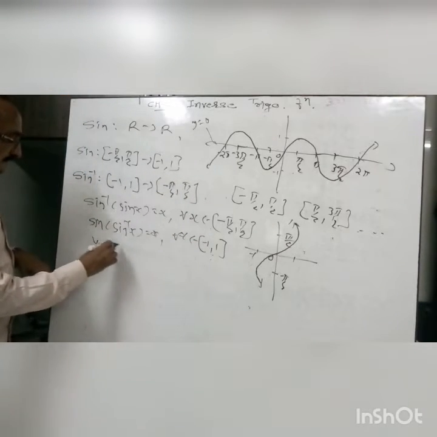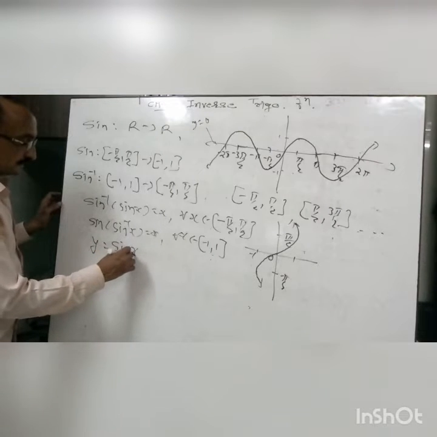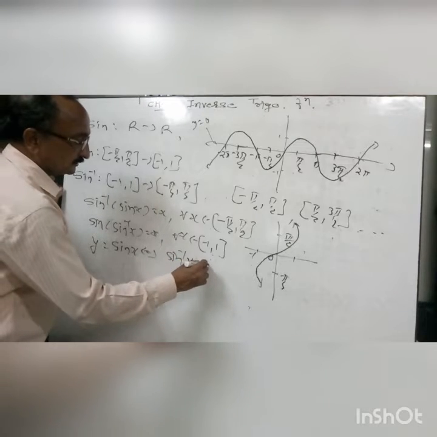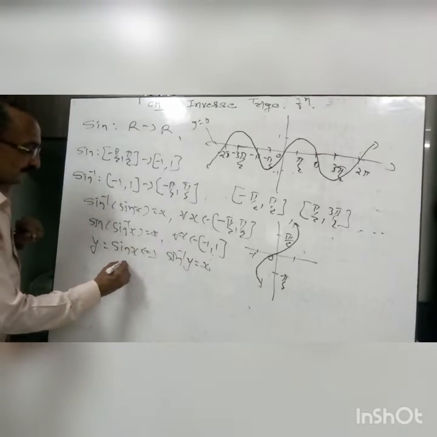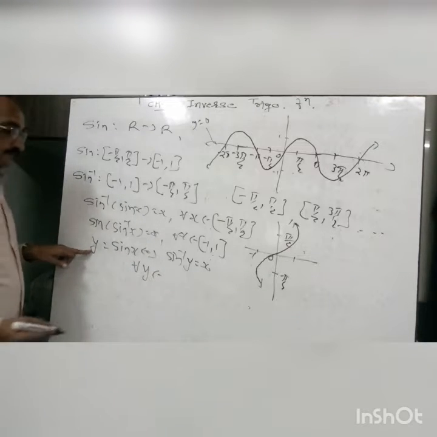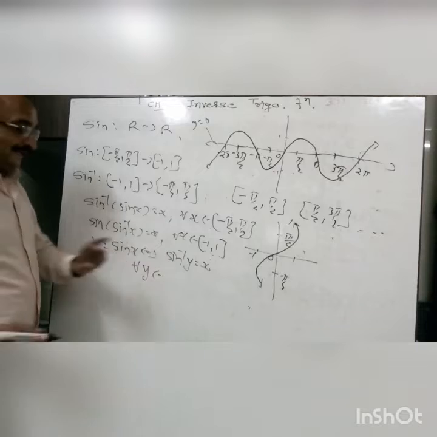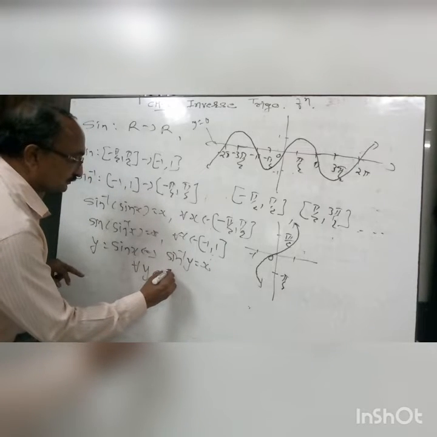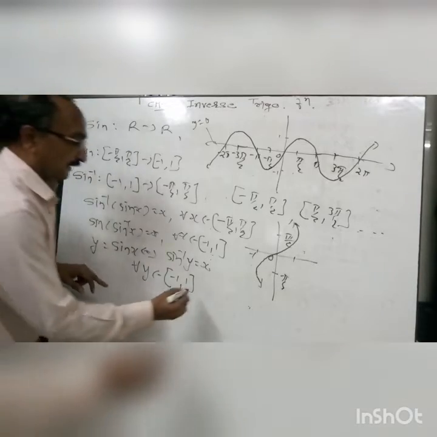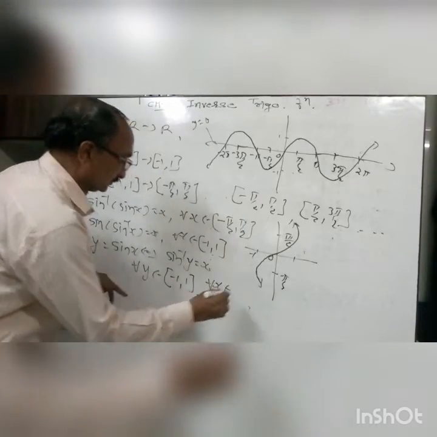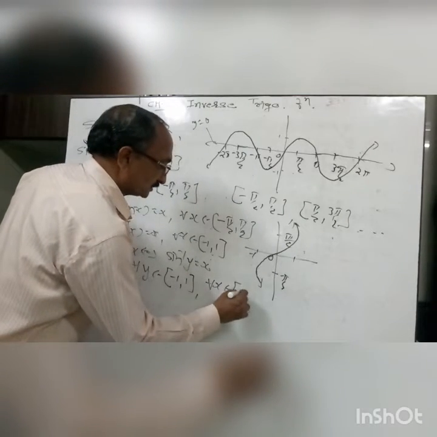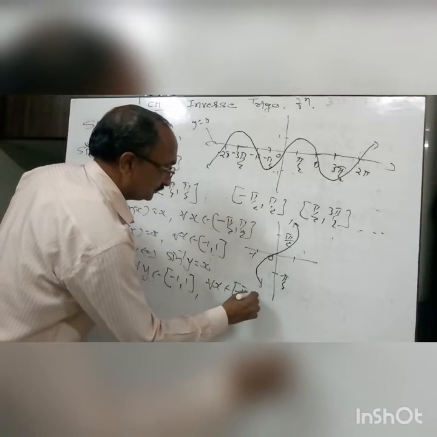And y equal to sine x implies sine inverse y is equal to x if and only if y belongs to the range of the sine function, or the domain of the sine inverse function, which is the closed interval minus 1 to 1, and x belongs to the domain of the sine function, the closed interval minus pi by 2 to pi by 2.